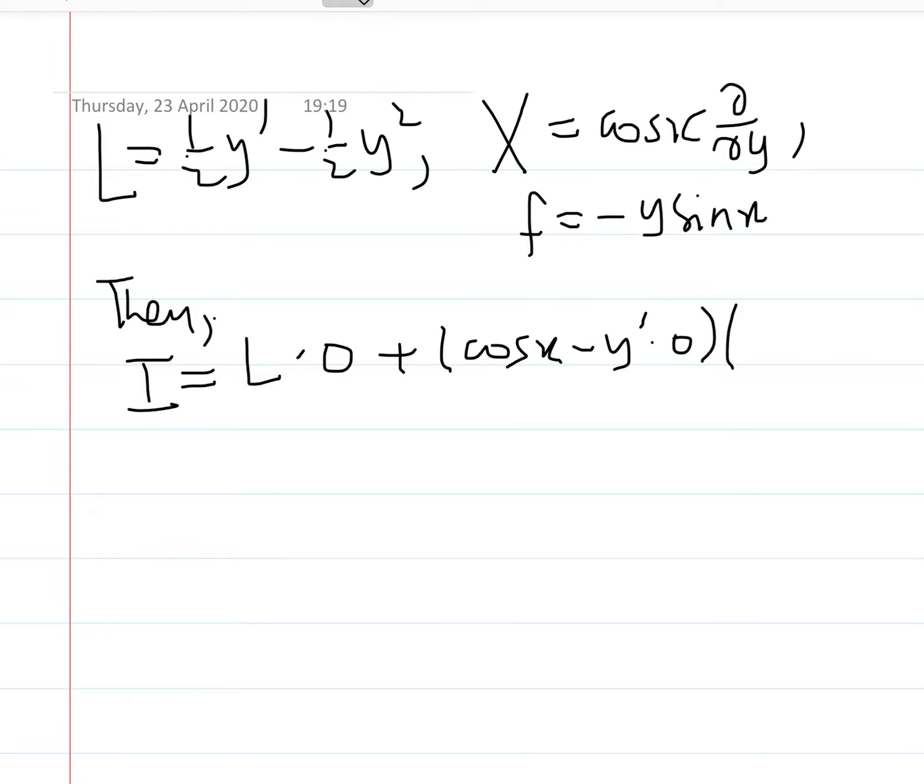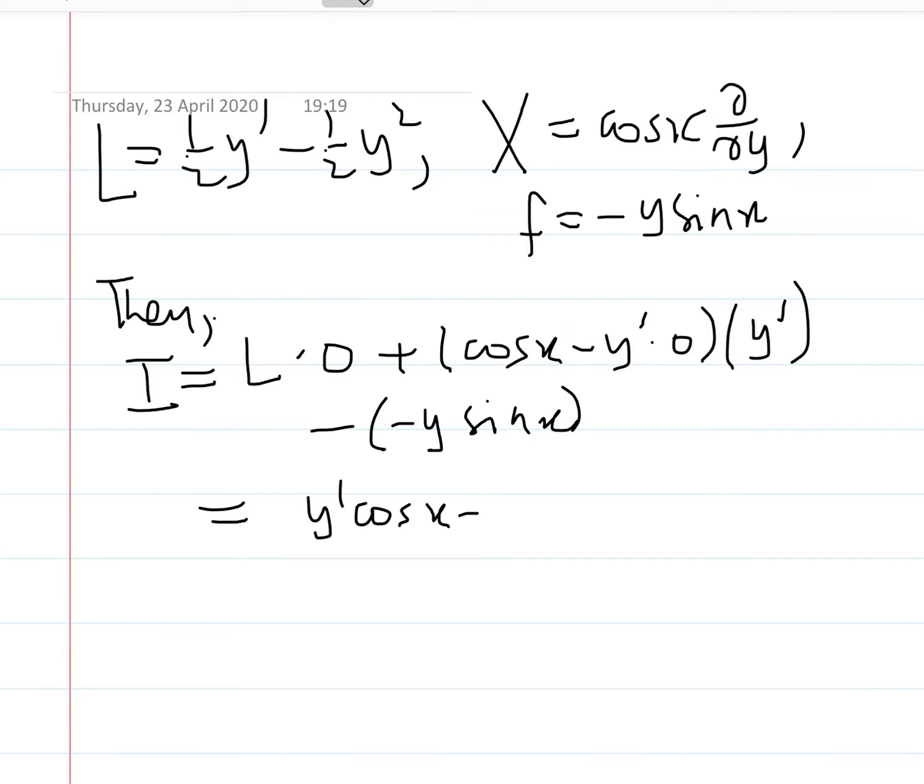If you do the derivative of L partially with respect to y dashed, that's very straightforward, y dashed, minus the gauge term, which is minus y sine x. If we simplify that, we get very simply I equals y dashed cosine x plus y sine x.